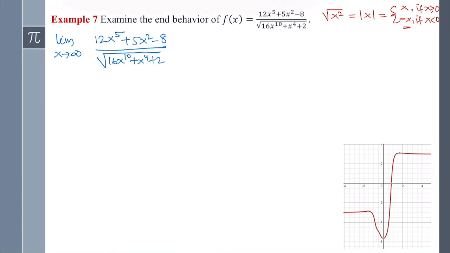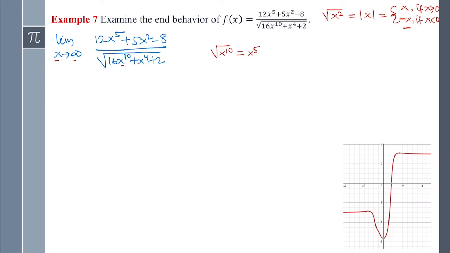So here when we divide the denominator, we see x to the 10, but it's inside the square root. So basically we are dividing by the square root of x to the 10. As x approaches infinity, x is a positive number. So the square root is just x to the fifth.